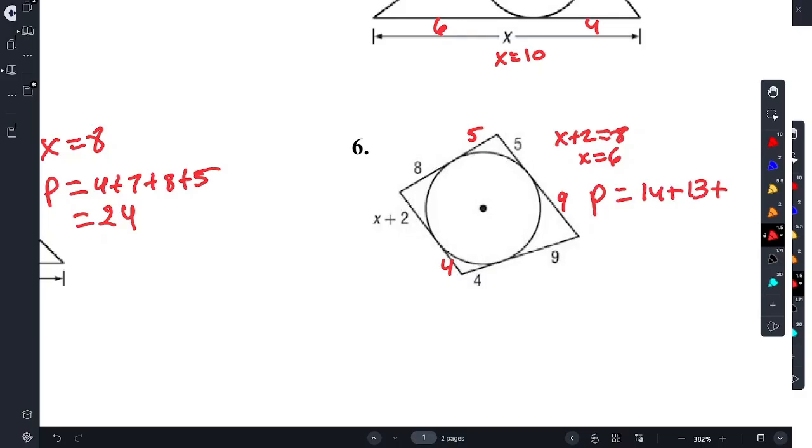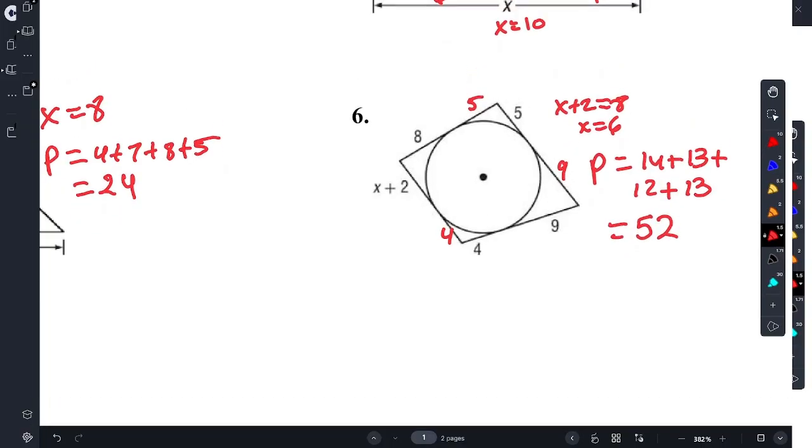Plus, what's the next one down there? 8 plus 4, 12. And 13? Another 13? Did I do that right? 26, 36, 40, 52? All right, 52.